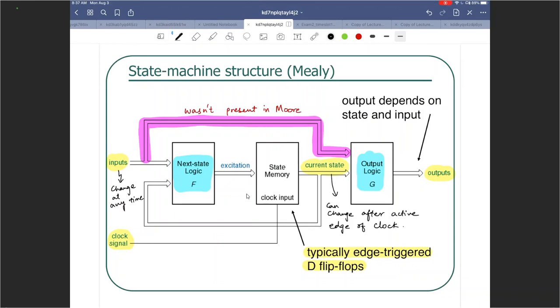I can put the nickel and the dime anytime I want. So because of a direct dependence between inputs and outputs through this output combinational logic block G, which has no memory in it, outputs now are dependent on inputs, which can change at any time. So that's the only difference between the Mealy and the Moore.